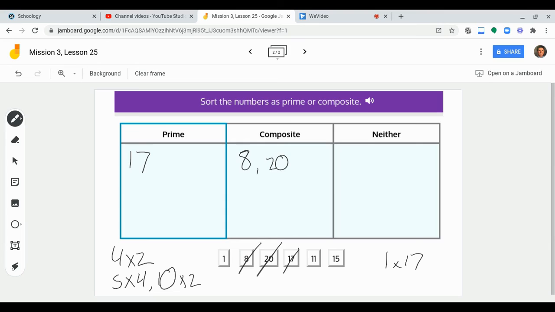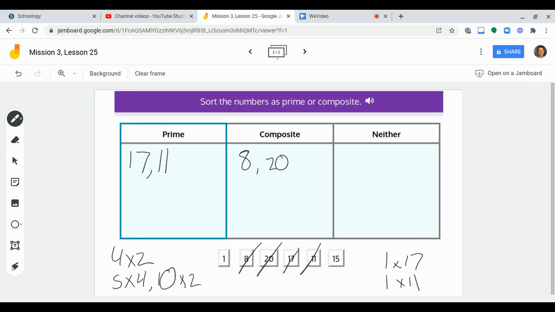11. Okay, well, 11, let me think. I know I can do 1 times 11, but are there any other numbers I can multiply together to get 11? I'm thinking about my facts. No, there are no other numbers I can multiply together to get 11. My only 2 factors of 11 are 11 and 1. So therefore, that makes 11 a prime number, another prime number.